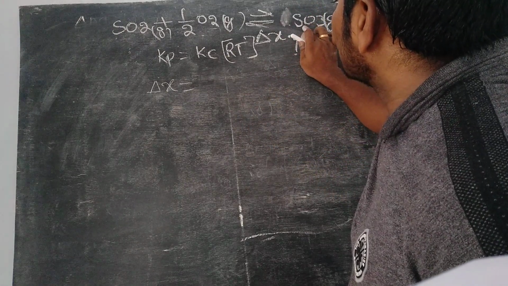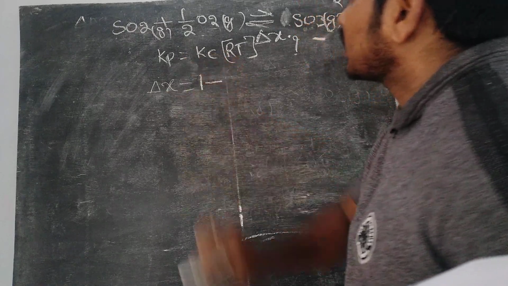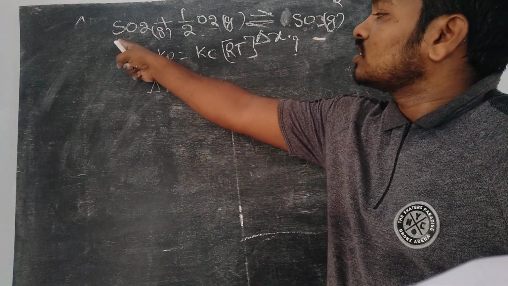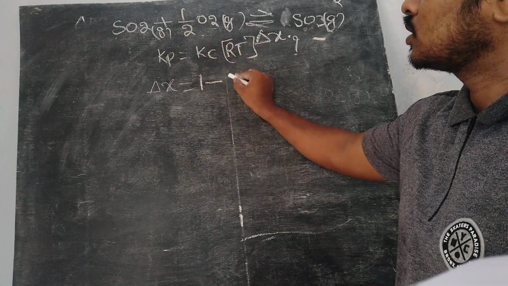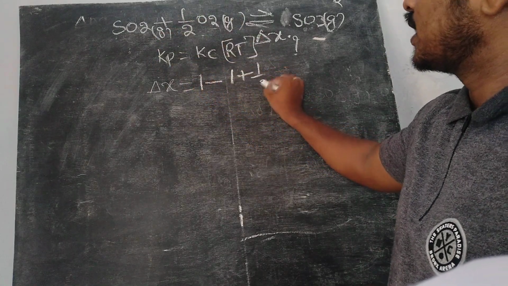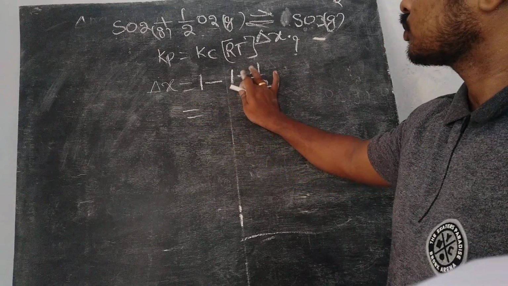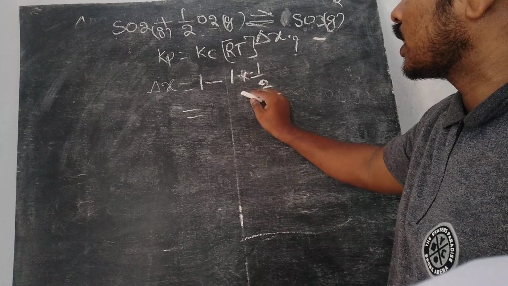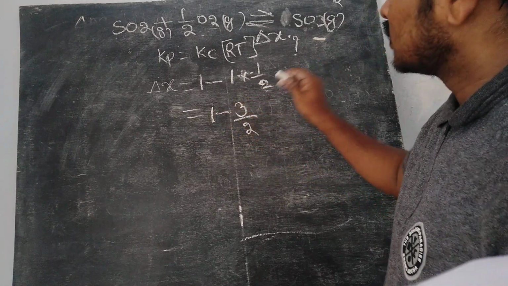The number of moles of the product, only 1. The number of moles of the reactant, see here, is 1 plus 1 by 2. So we can write 1 minus 3 by 2, which is 1 minus 3 by 2.